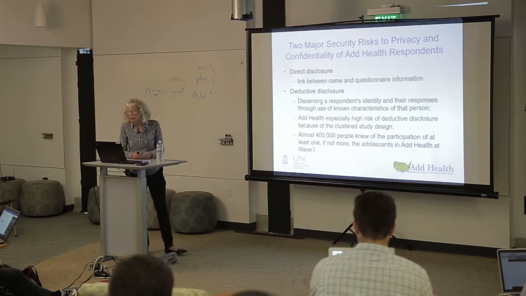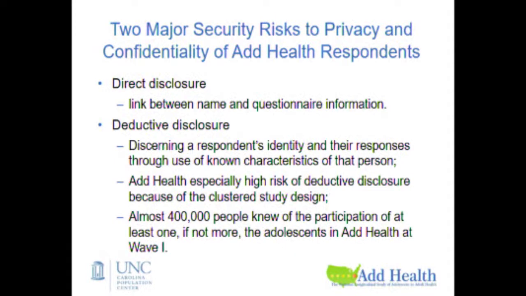Deductive disclosure, however, is another risk that worried us quite a bit. This is discerning a person's identity and the responses through known characteristics of that person. The kinds of scenarios that we would run through in our mind: there'd be an adolescent romantic partner, and they were both part of Add Health, and they knew that, and then they break up.